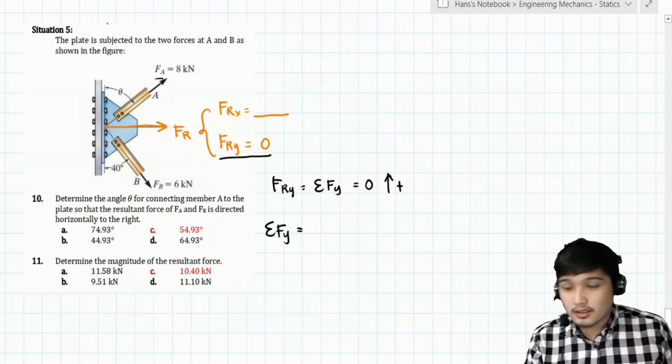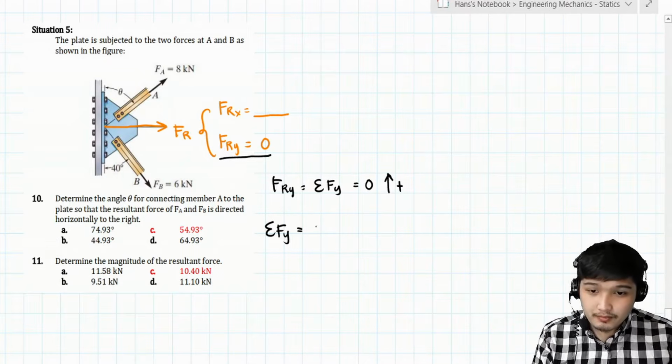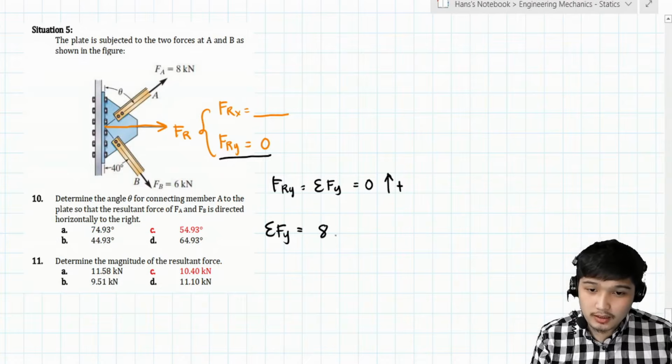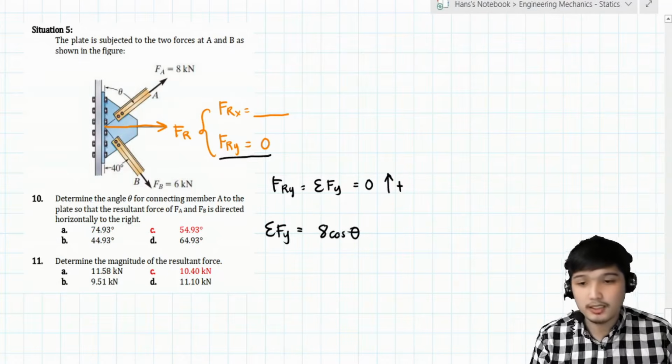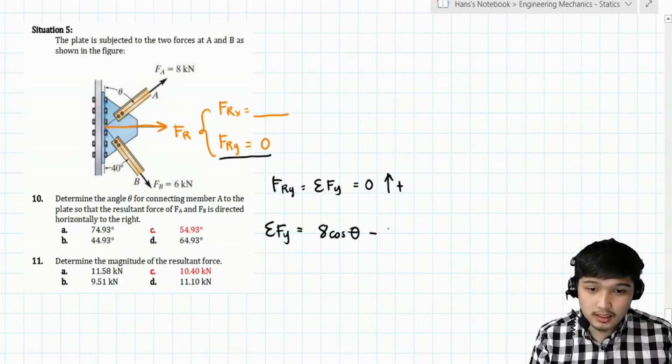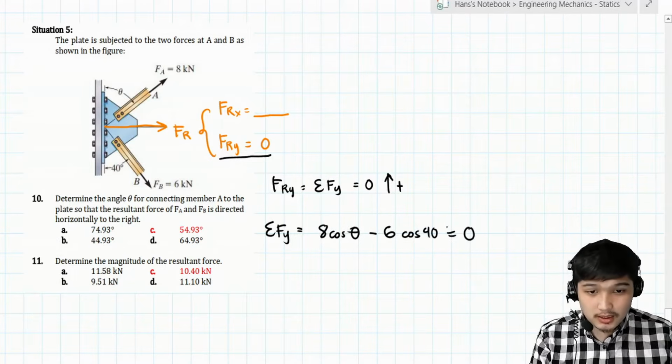So, that is FA, 8 cosine of theta. And then yung FB is pababa, so that is negative 6 cosine of 40. And then this one must be equal sa 0.